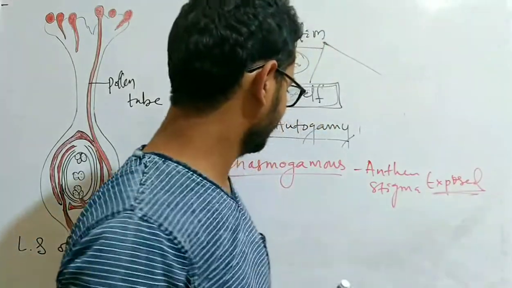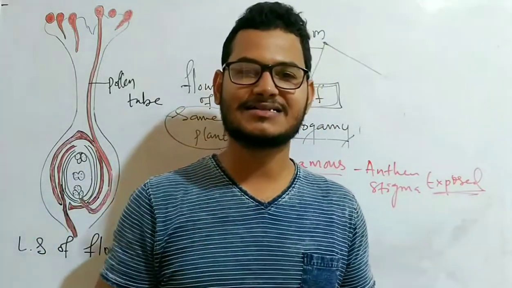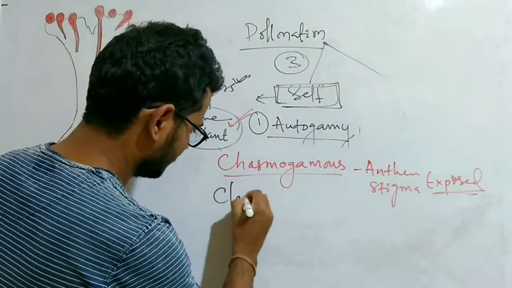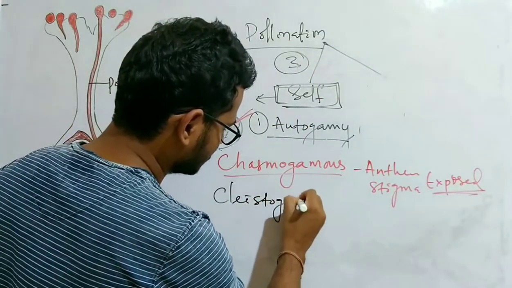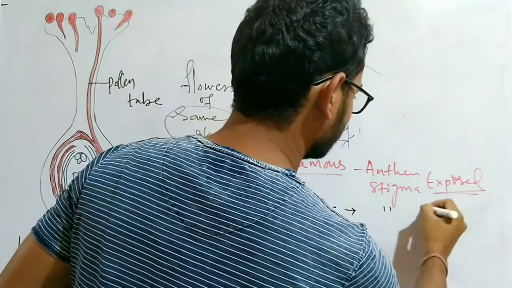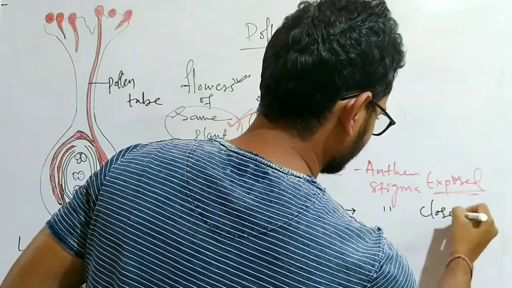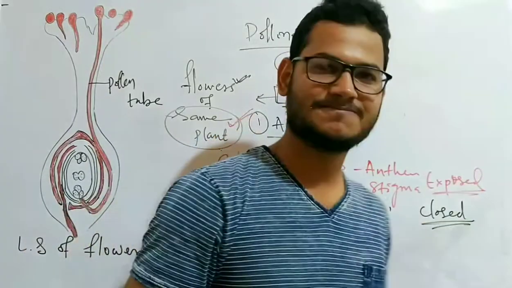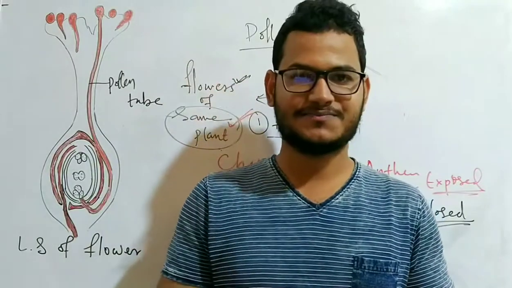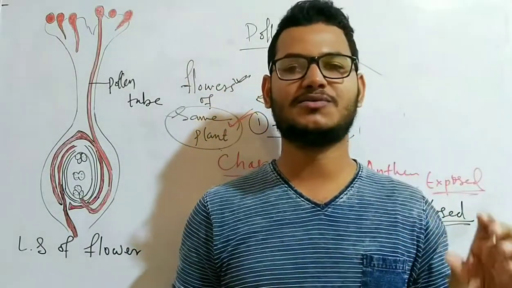But in the second case, that is the cleistogamous flower, the anther and stigma are closed. They are closed, so they do not open at all. The cleistogamous flower does not open at all.